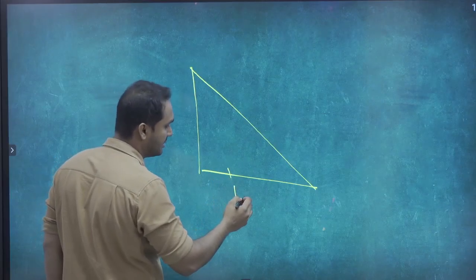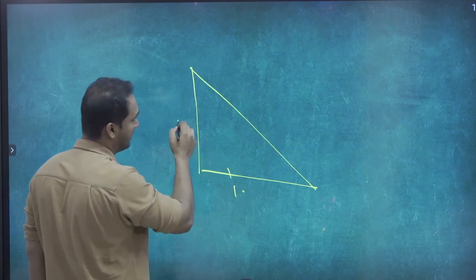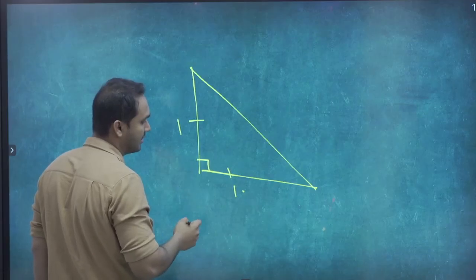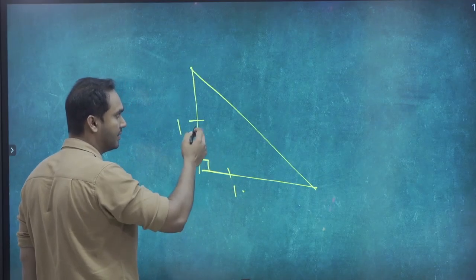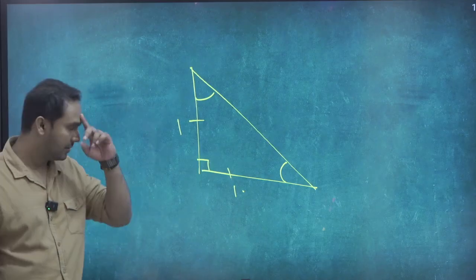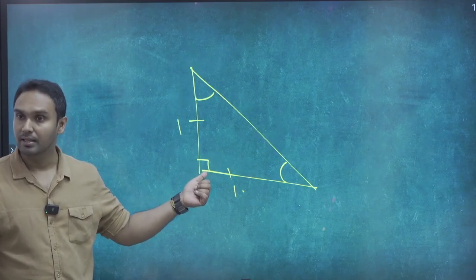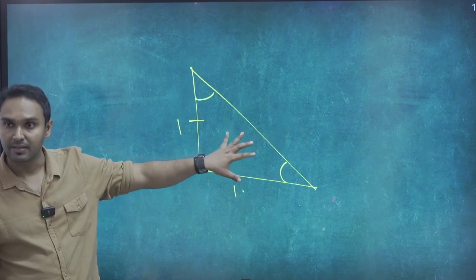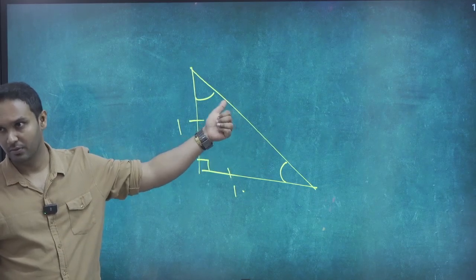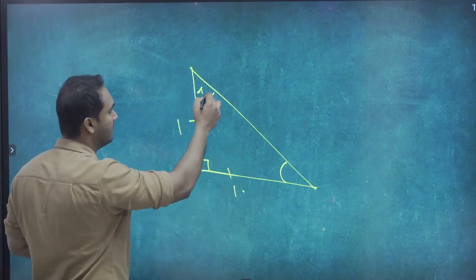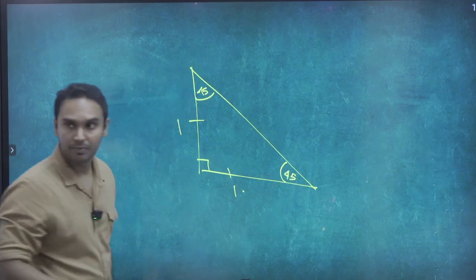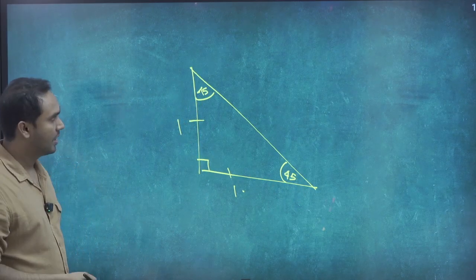Its side length is 1 and this side is again 1. This is 90 degrees. Since two of the sides are equal, two of the angles should also be equal. The angle which is left should be 45 and 45. So this is 45 and this is also 45. So you have to find the hypotenuse.